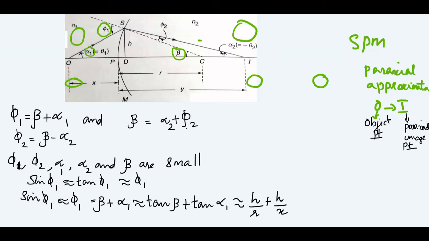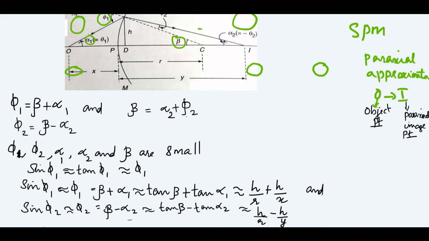And from this, tan beta is h by r and tan alpha 1 is h by x. That is h by r plus h by x. Sine phi 2 nearly equal to phi 2, which is equal to beta minus alpha 2, nearly equal to tan beta minus tan alpha 2, that is nearly equal to h by r minus h by y.